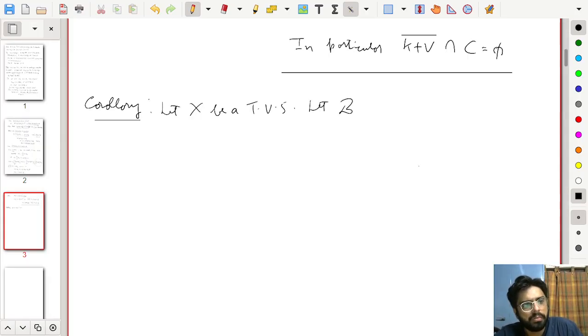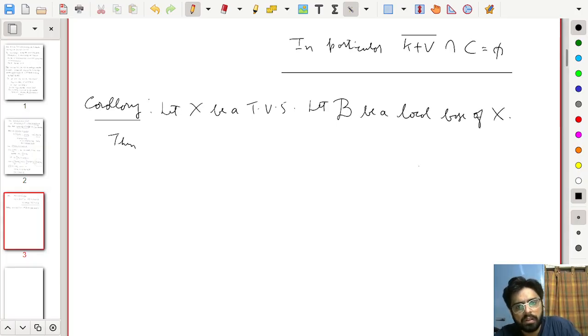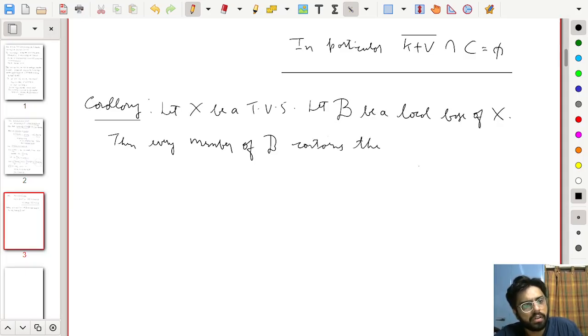Let B be a local base of X. Then every member of B contains the closure of some member of B.